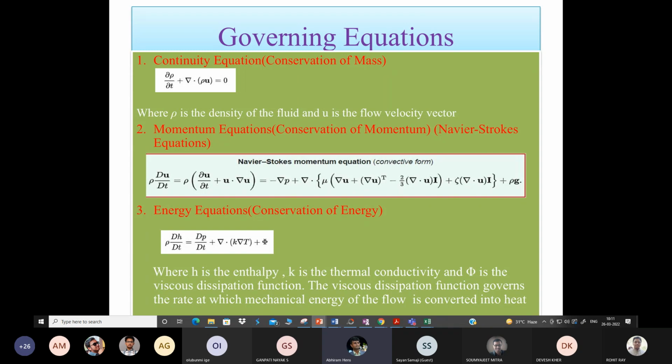Now you may ask how this equation is coming. Okay, so there is an interesting derivation story to see it, because these equations are based on the control volume approach. Let me not complicate it, but whatever physical laws we have studied at school level are mostly based on the Lagrangian approach, based on control mass.